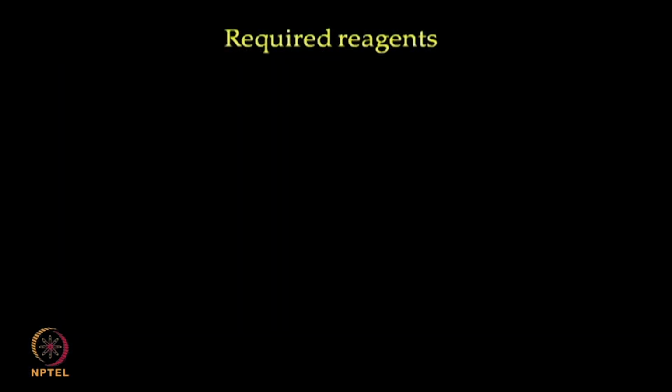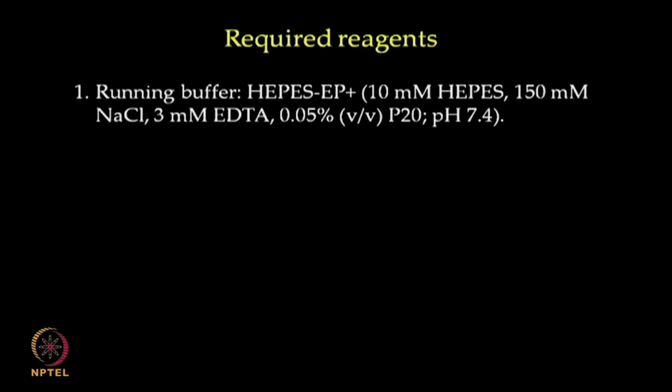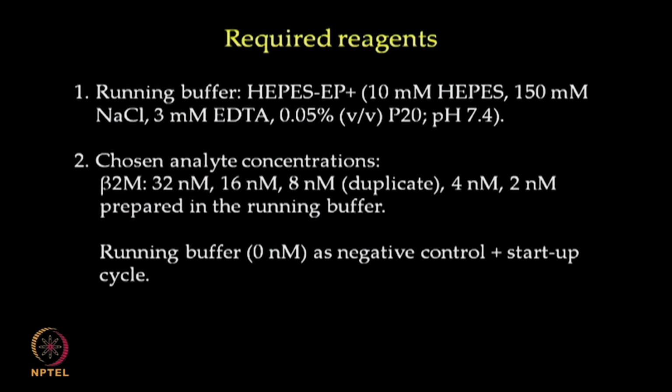In today's kinetic assay experimental setup, we will be using HBS-EP Plus as the running buffer. We will be preparing a total of 5 concentrations of beta-2 microglobulin, starting from 32 nanomolar, 16 nanomolar, 8 nanomolar, 4 nanomolar and 2 nanomolar, using 2-fold serial dilution in the running buffer, and 8 nanomolar concentration in duplicate.